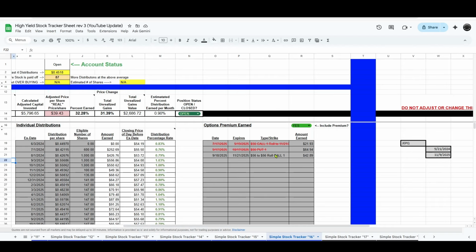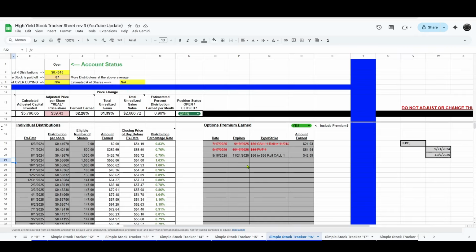But at any point that the actual ETF price exceeds or goes beyond your strike price, you could get called away on those shares. And this is a perfect example. I had a $56 call for November the 21st, and it's not November 21st yet. It's November 9th, but they got called away early.